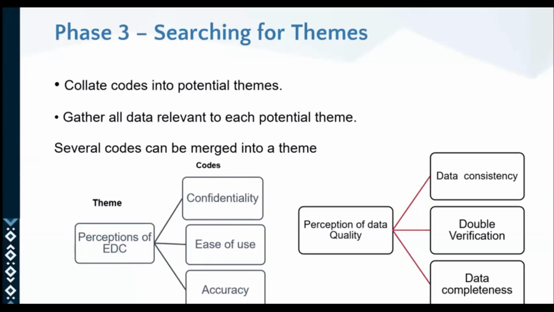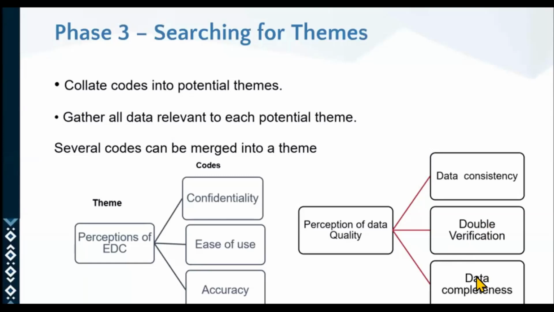On the other hand, we have other codes like data consistency and double verification. A participant said that with the tablet, you have the possibility of verifying your data automatically, instead of reading through the data to make sure that you do not skip something or enter something wrong. And you also have the aspect of data completeness.